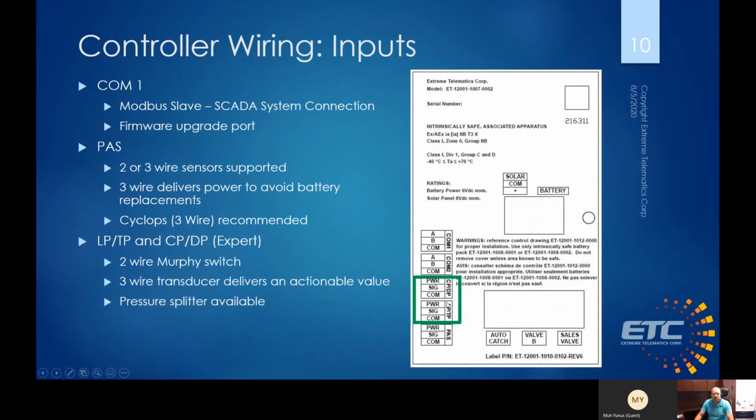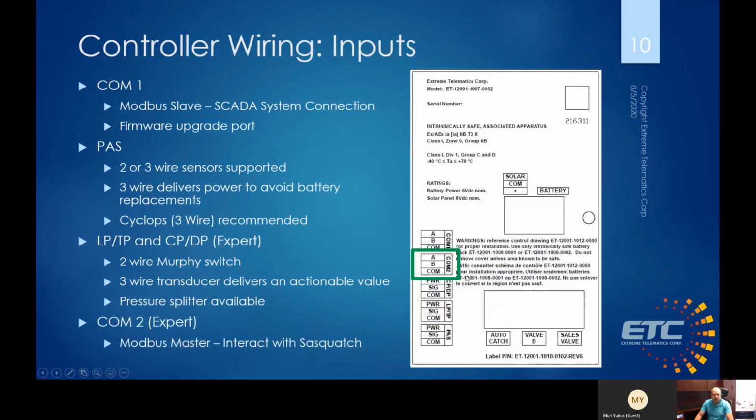There's a number of different features, and we'll highlight that in a later slide. Do note that if you do need more than 2, if you need 3 inputs, so in the case of load factor, you need casing pressure, line pressure, and tubing pressure, we do sell a pressure splitter that you can plug into this input, and we can use a spare valve output to switch between tubing pressure and line pressure to give you the 3 pressure transmitters.